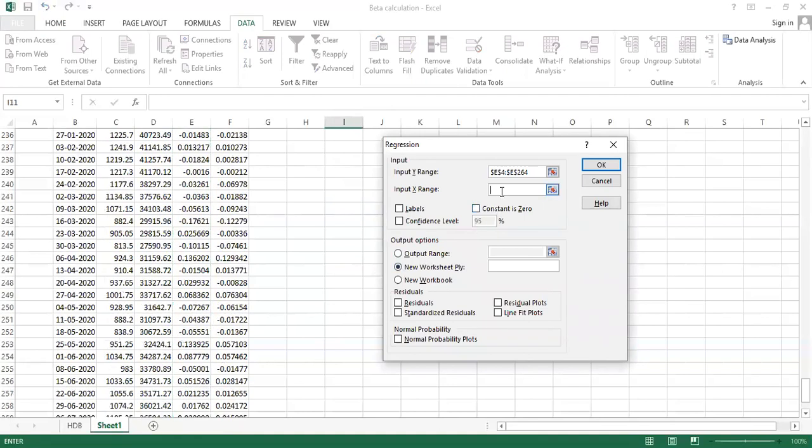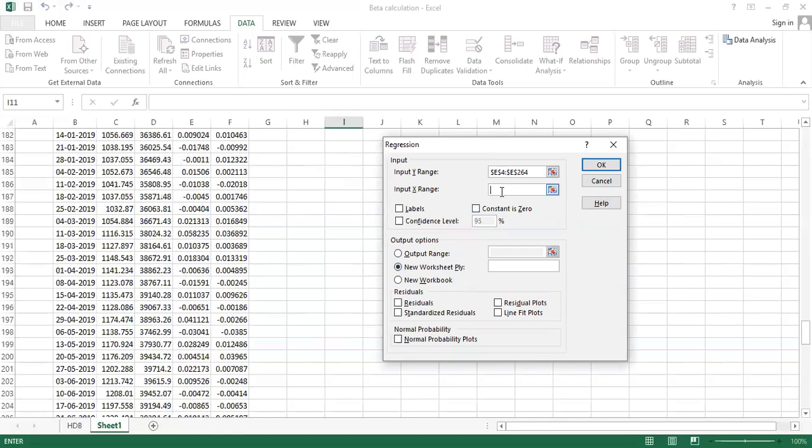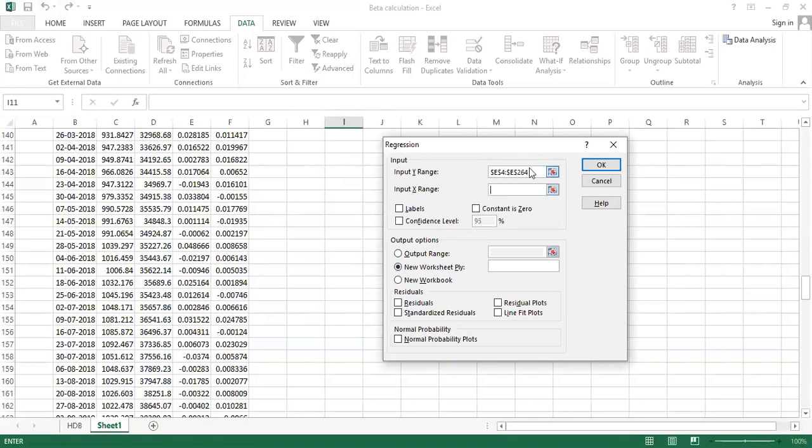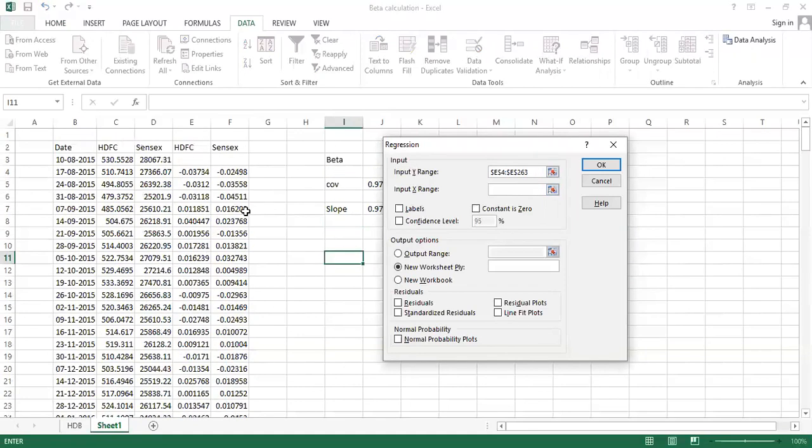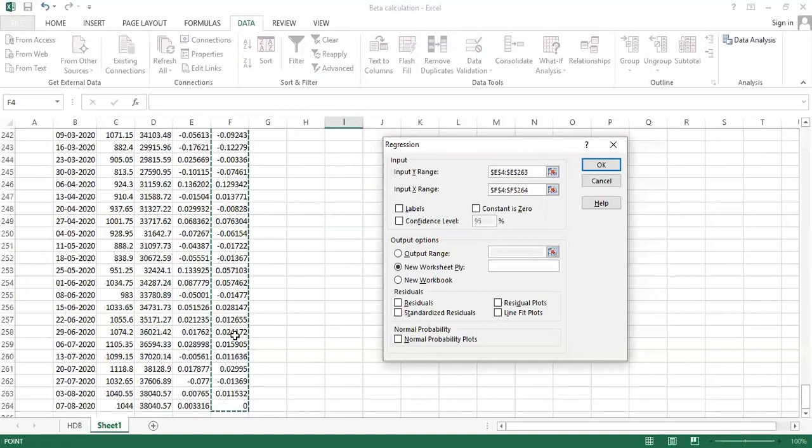And for this also, since this also, we select all except the last one, because the last value is not there. So we can keep it to 63. We can remove labels, and constant as 0, and the confidence interval we'll ignore for a while.